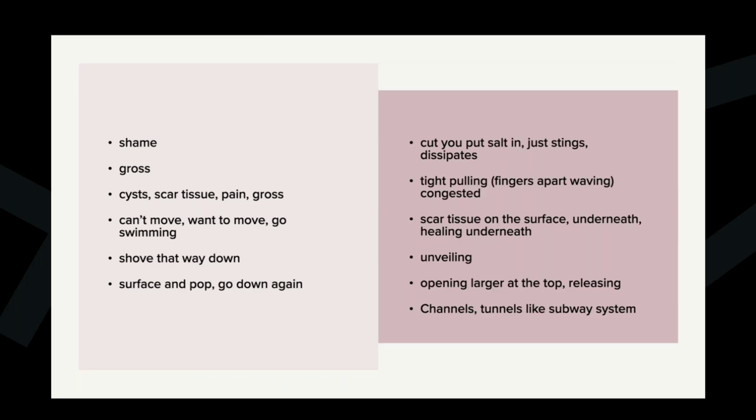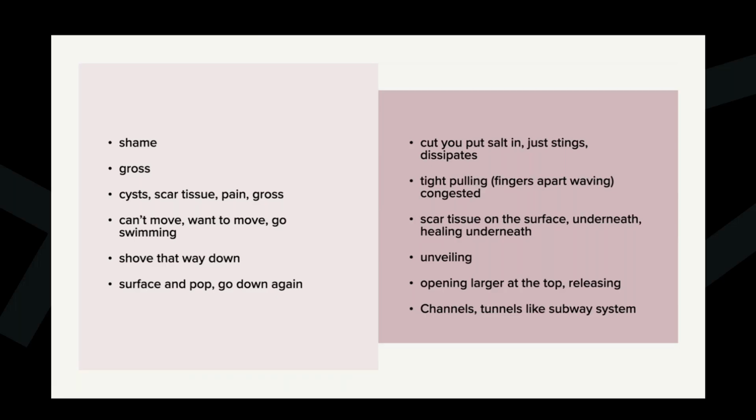And they talked about shoving that way down, and they would surface and pop and then go down again. So it's kind of like the tunneling and the stuff coming up, and then it goes back down. It's like a cut you put salt in. It just stings and dissipates. So think about these words they're using, like swimming and dissipating and surface and pop and go down again.